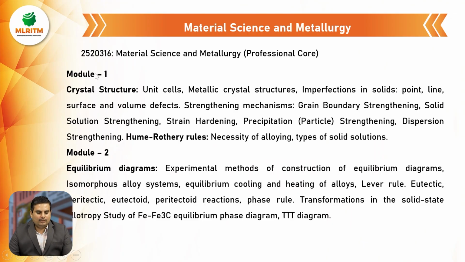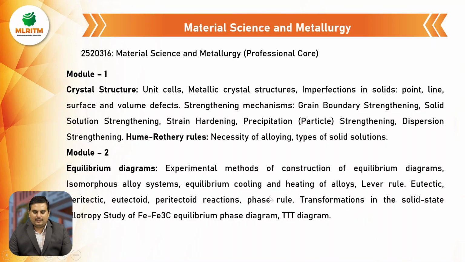Mainly, these are the modules. Module 1 has crystal structures, imperfections and strengthening mechanisms, and we have Hume-Rothery rules as well. In module 2, equilibrium diagrams, where we will be discussing different phase diagrams, the lever rule, and different reactions called eutectic reaction, peritectic reaction, eutectoid and peritectoid reactions. Along with these, we will be discussing the phase rule.